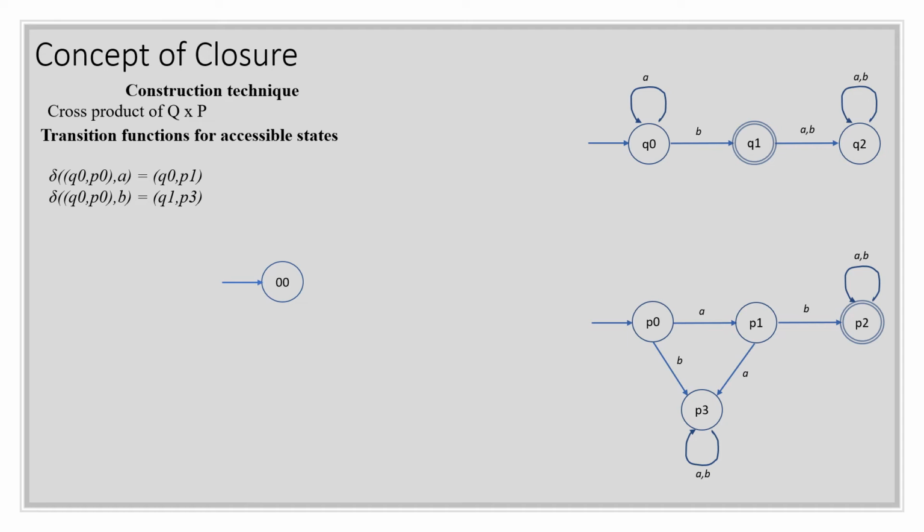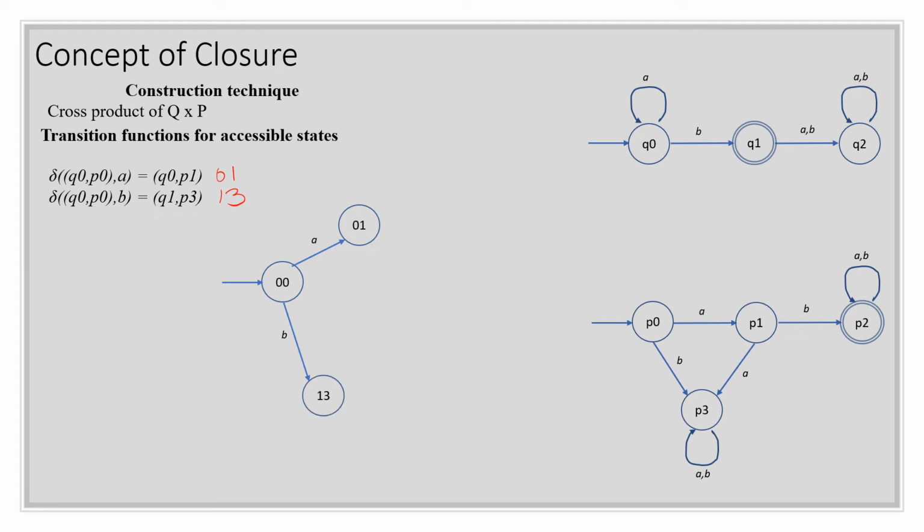The Q is always going to be the first number. So this is 0, 0. This state Q0, P1 is going to be 0, 1. This one's going to be 1, 3. So we started at our initial state, which is 0, 0. With an A, we will go to 0, 1. With a B, we will go to 1, 3.